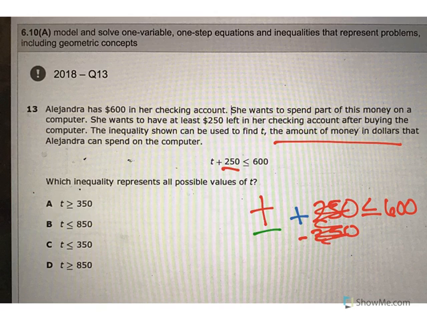But we have to keep the inequality balanced, meaning whatever I do to the left side, I do to the right side, similar to a fraction, where whatever you do to the numerator, you do to the denominator. So once I do that, that leaves me with 350. I have my variable, t, and then my inequality is as such.